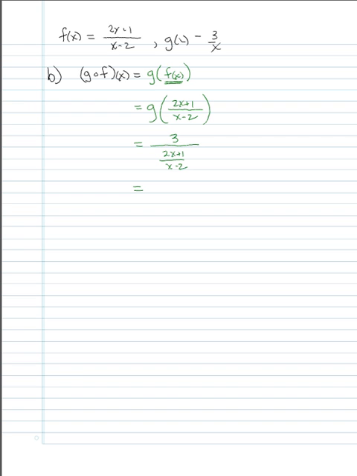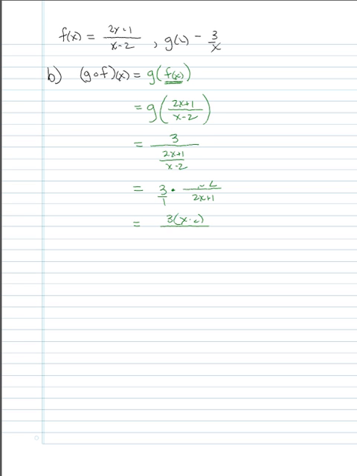And when you divide by a fraction, it's the same as multiplying with the reciprocal of the fraction. The reciprocal of the fraction (2x + 1) over (x - 2) is (x - 2) over (2x + 1). So we're multiplying 3 with that fraction, and of course that means we're going to multiply 3 with the numerator x - 2. Notice I didn't do this.